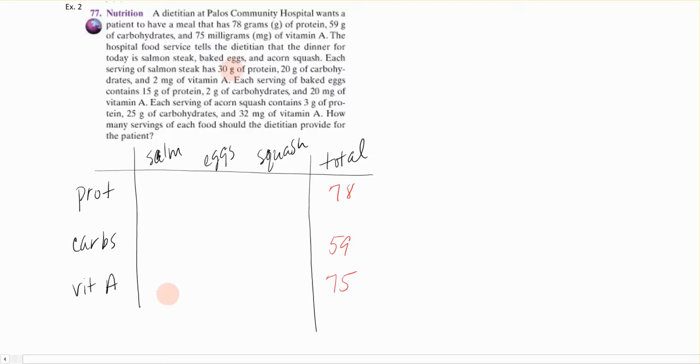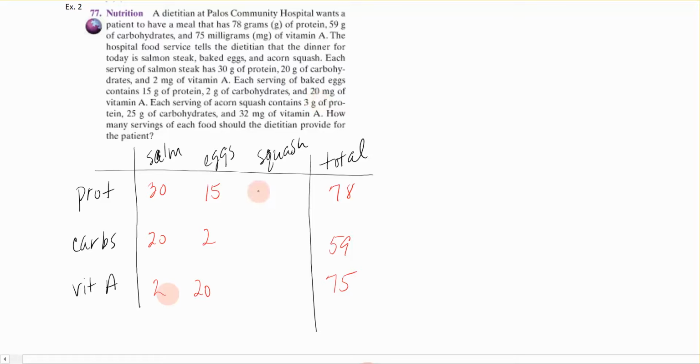That salmon contains 30 grams of protein. It contains 20 grams of carbohydrates and 2 milligrams of vitamin A. And we do the same thing for the eggs. So each serving of eggs contains 15 grams of protein, 2 grams of carbohydrates, and 20 milligrams of vitamin A. And finally, the squash.